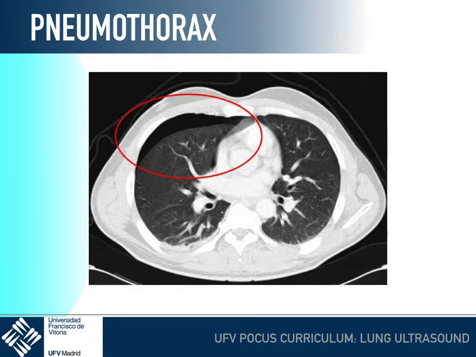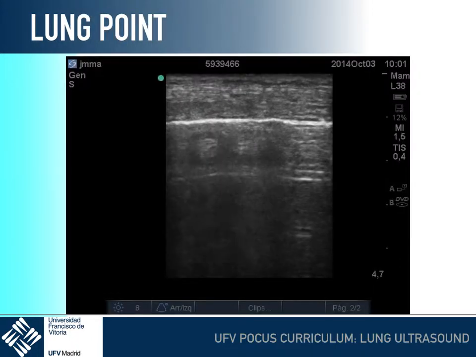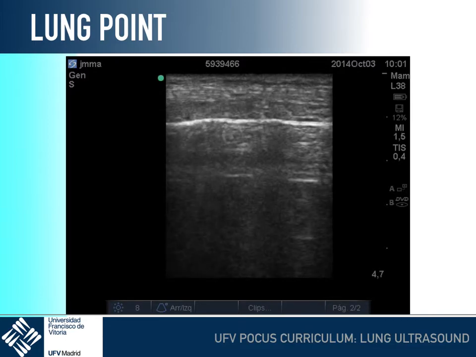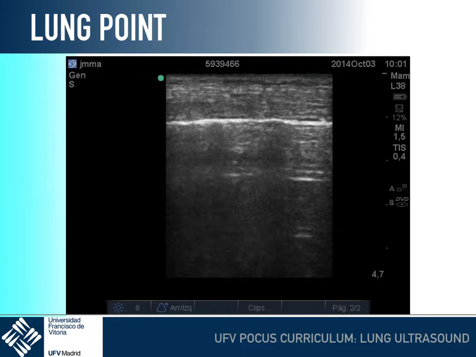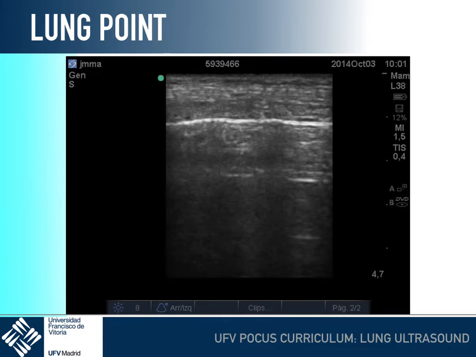But what if I find this particular point in which the pleura starts to be detached? I will find this. The pattern alternates normal sliding on the left side of the screen and no sliding on the right side of the screen.